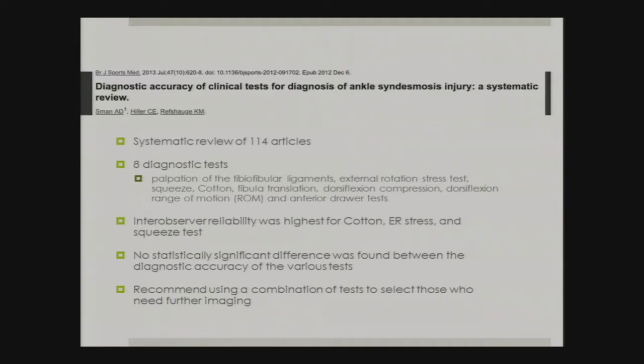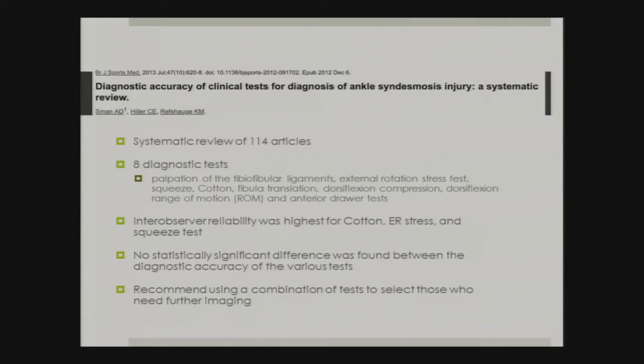And finally, for this, I looked at a systematic review that went over all of these different tests. The takeaway from this is they looked at 114 articles. It was a pretty thorough review of diagnostic workup for high ankle sprains. Their most reliable tests that they found were the cotton stress test, a little bit different than the intraoperative cotton tests, where they stabilized the tibia, and then they directed a lateralizing force to the fibula in the office.